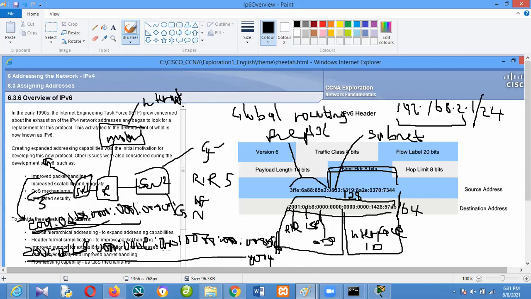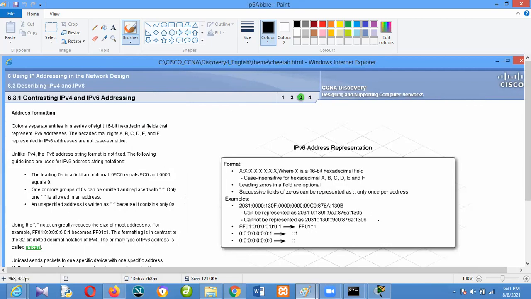You can abbreviate it, and we have rules on how to abbreviate it, and those rules are what you have here. The first rule says that leading zeros in a field are optional.